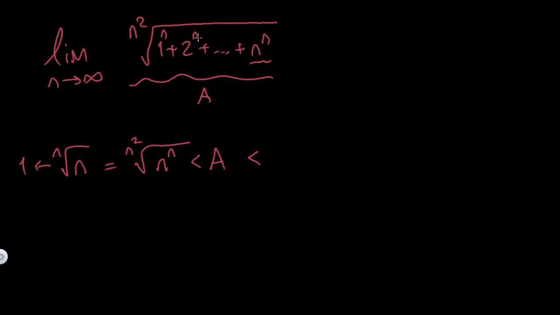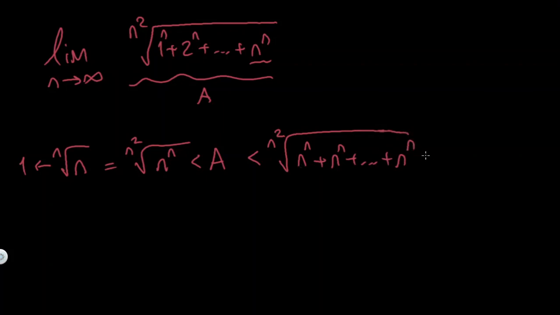Yeah, because x to the n is an increasing function for x greater than 1. So in the n-th root, I have 1 over n is less than n to the n. 2 over n is also less than n to the n. So it's going up to n to the n.